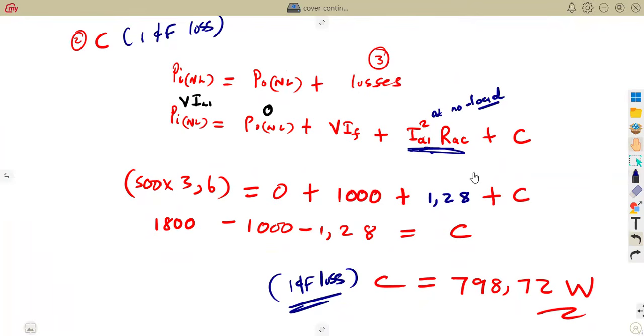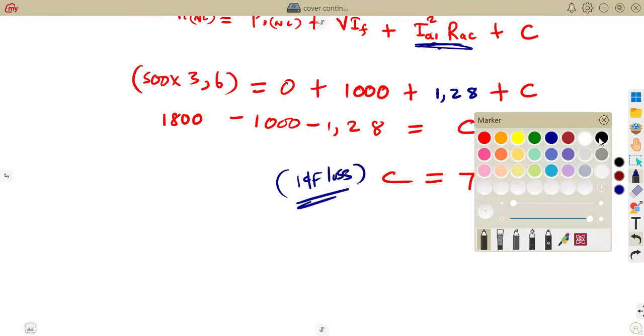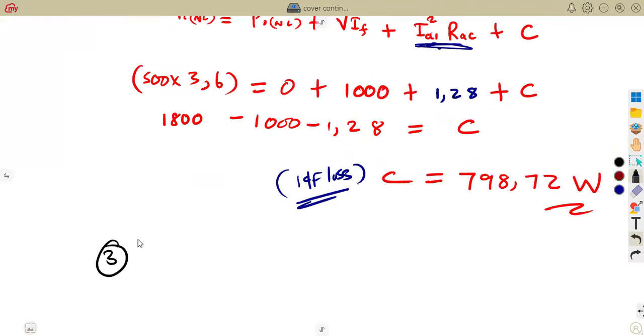Now we need to calculate at full load. That's another loss, the third loss. Remember, we're talking of the three losses. So we are going to calculate the armature copper loss. That's at what? At full load.